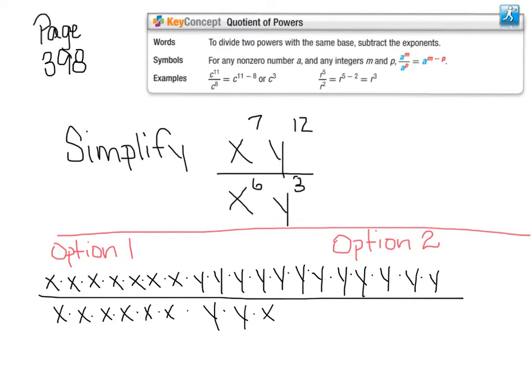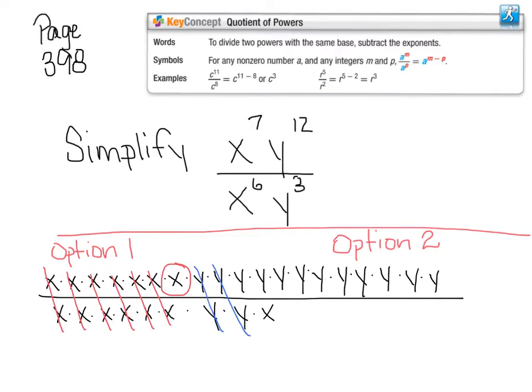Okay, now with option number 1, which is the long way about doing this, you would cross out pairs in the numerator and denominator. So I have a pair of x's here. Everywhere you have a pair, you cross through a pair until you have something left. Same thing with the y's, crossing out pairs.